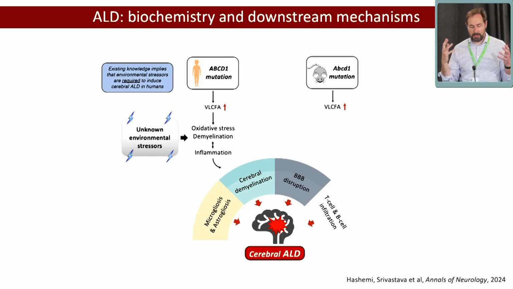What we think happens in humans is we start with a mutation, and we have higher fatty acids. We're all comfortable with the idea that oxidative stress is part of the process, whether it is necessary and sufficient, or directly involved, is an issue of debate. We think so.